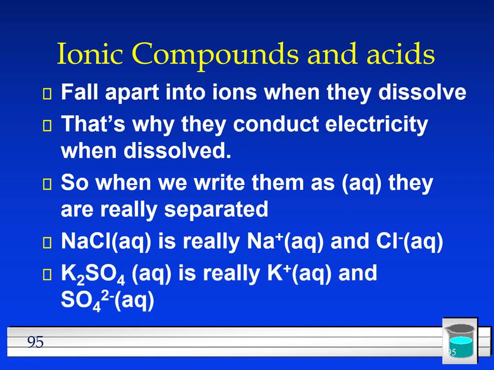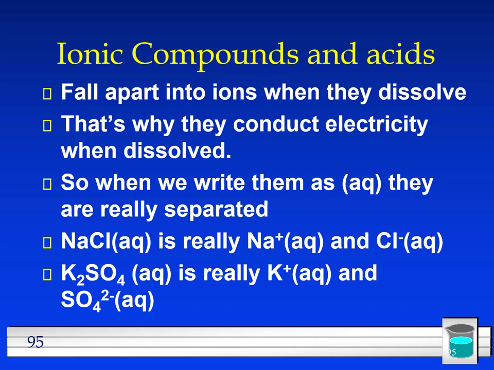And something like K2SO4 is really K plus and SO4 2 minus. Because my ions are K plus, SO4 2 minus. The easy way to figure out what your ions are is to name them. So the name of K2SO4 is potassium sulfate. The ions are potassium ions and sulfate ions. Remember the whole name was what the ions were?